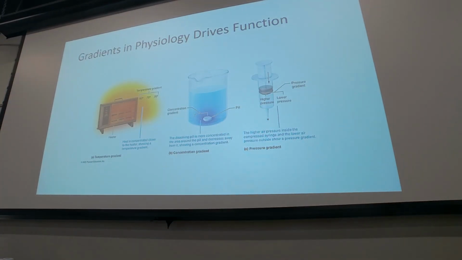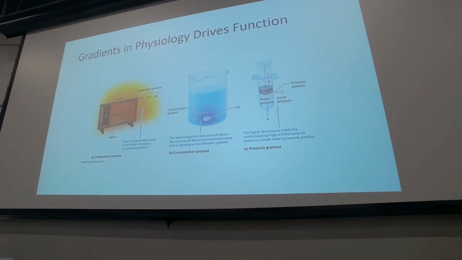Now, we have in physiology one principle in which we say that molecules move from a higher concentration to a lower concentration, or things will move from more to less.